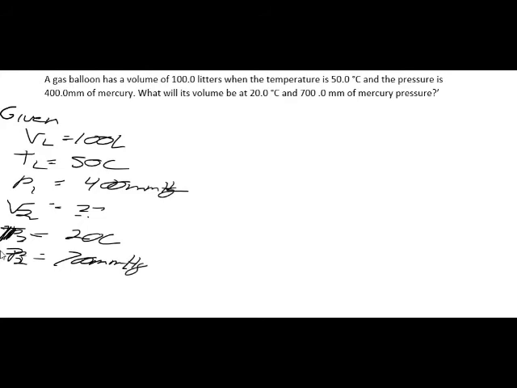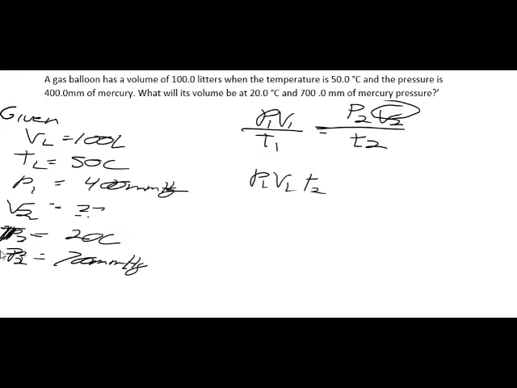There you go. So the formula that we're gonna use is the combined gas law. So this is the formula. We're missing V2, so let's set up our formula: V2 equals P1 V1 T2 over P2 T1. That is our formula.